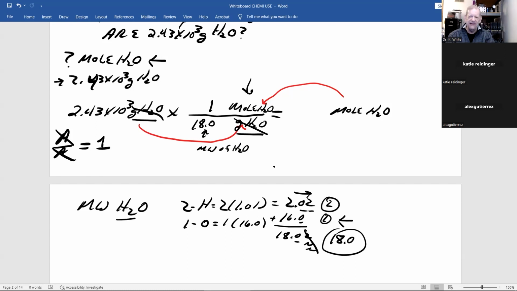So now I'll pick up my calculator, clear it, 2.43, second key, double E, 3, divided by, oops, excuse me, I made a mistake there, divided by 18.0. And my calculator gives me this number.